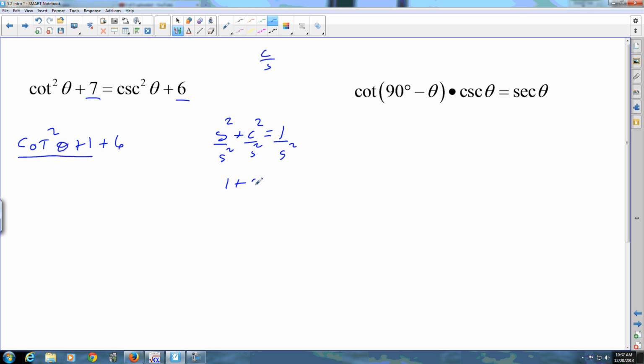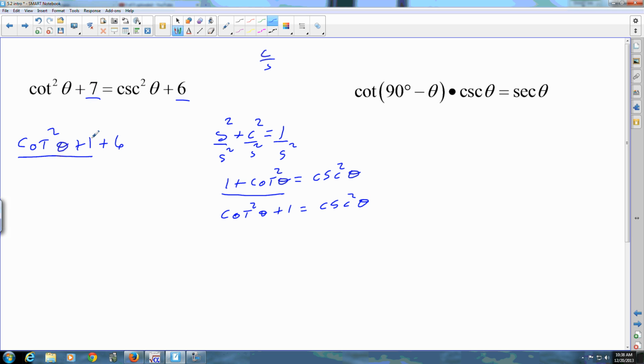1 plus cotangent squared is equal to cosecant squared. 1 plus cotangent squared is the same thing as cotangent squared plus 1. It's still equal to cosecant squared. And there's a cotangent squared plus 1.